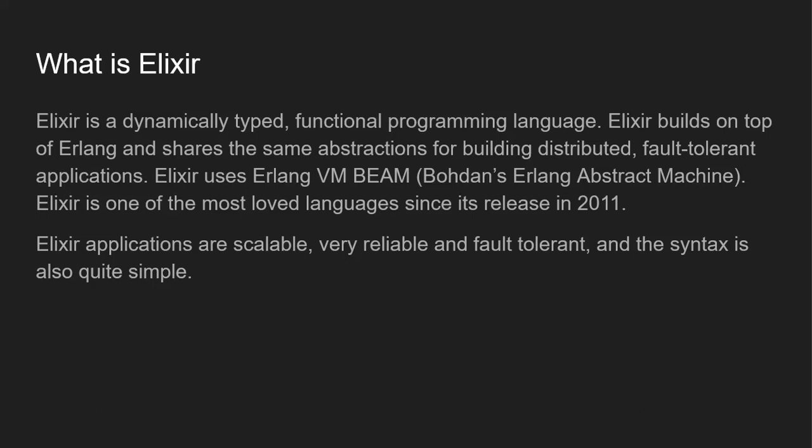And its concurrency is one of the key factors in Erlang's success. And so Elixir uses pretty much the same abstractions for building distributed and fault-tolerant applications. Elixir uses Erlang's virtual machine, which is BEAM, B-E-A-M.